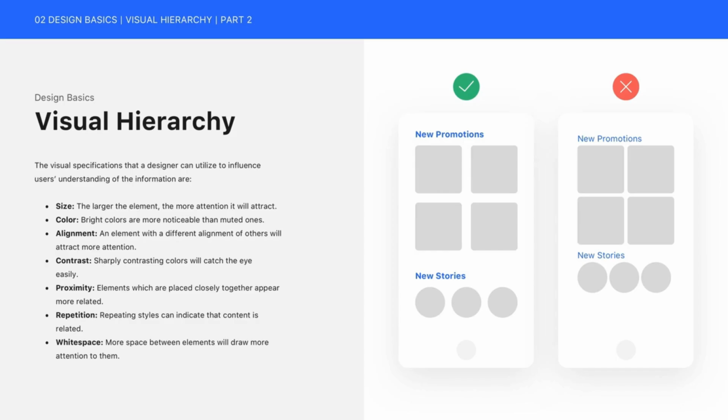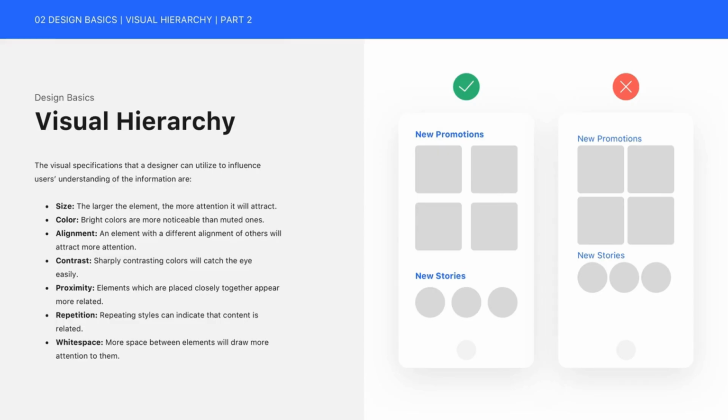And the next item is white space, which is another important term in UI UX design. More space between elements will draw more attention to them. So let's look at the pictures on the right, but this time we need to distinguish between the left screen and the right screen.